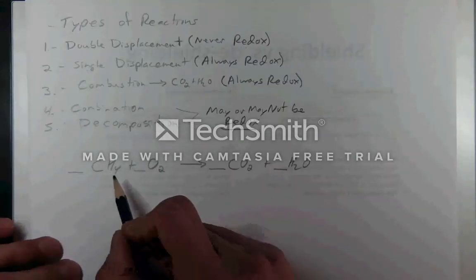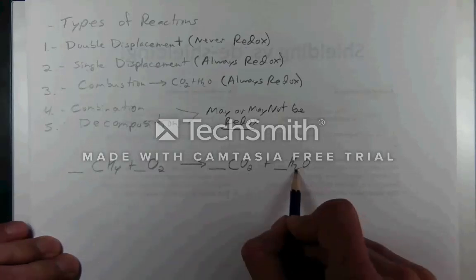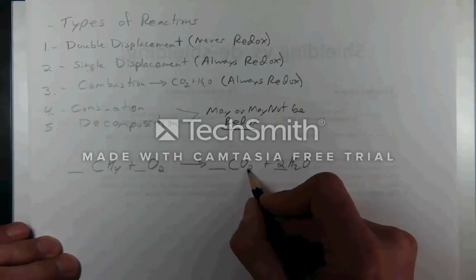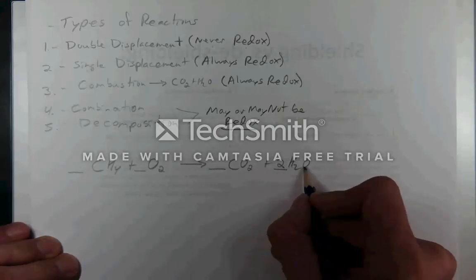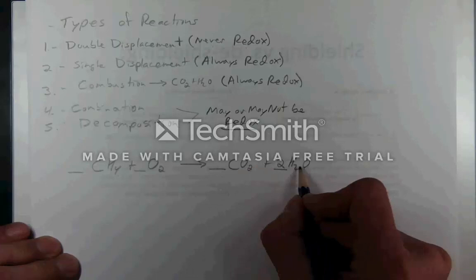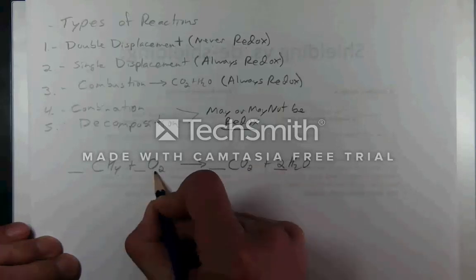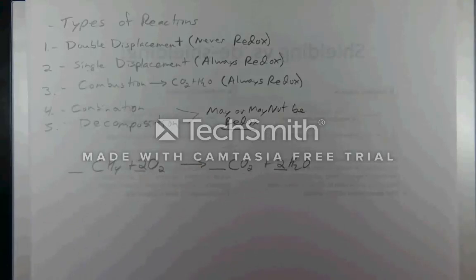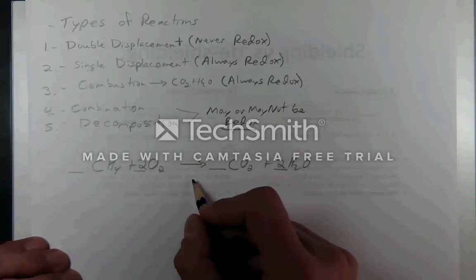We should balance it. There are 4 hydrogens here, only 2 here, so I'm going to put a coefficient of 2 there. This gives me 2 plus 2 waters, so oxygens, 2 oxygens here, plus 2 more, that's a total of 4. There's only 2 here, so I need a 2 here, and now it's balanced. Okay. This is a redox reaction, it's combustion.